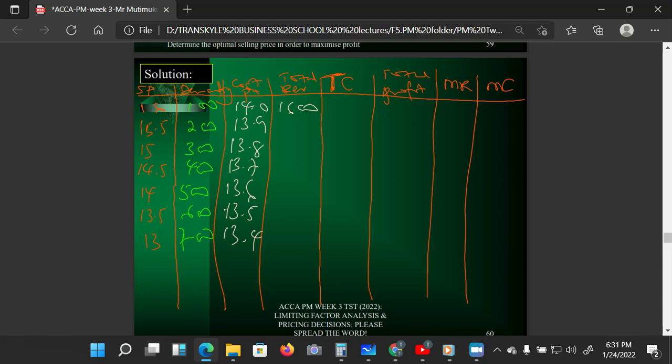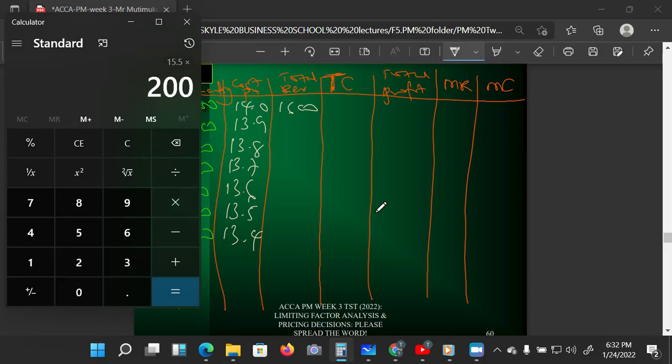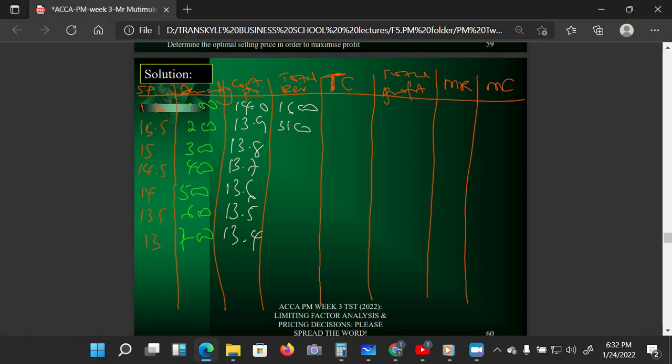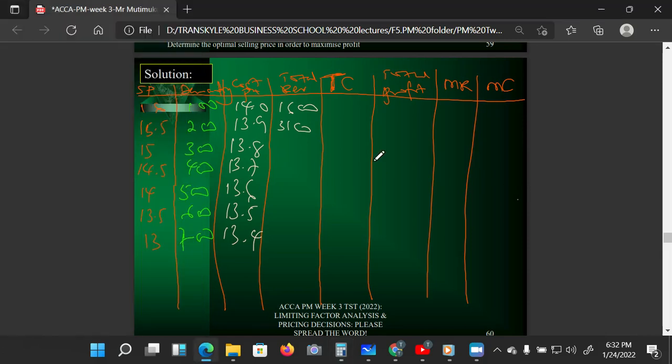So let's do the multiplications now. 15.5 multiplied by 200, that's 3,100.